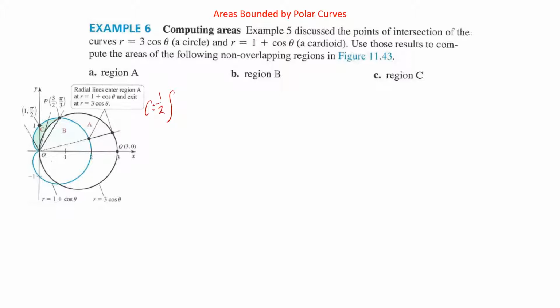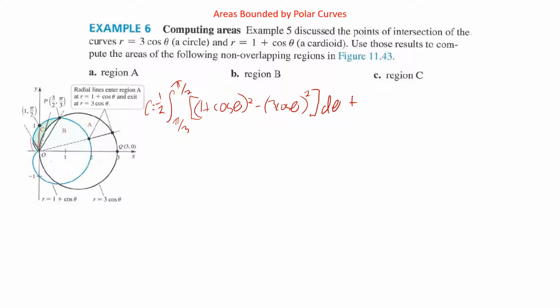C will be 1/2. We'll go from pi over 3 to pi over 2 of the cardioid minus the circle. So the cardioid is (1 plus cosine theta) squared minus the circle, (3 cosine theta) squared d theta, plus, when we add this part in, looking at it actually, we don't even need the circle.